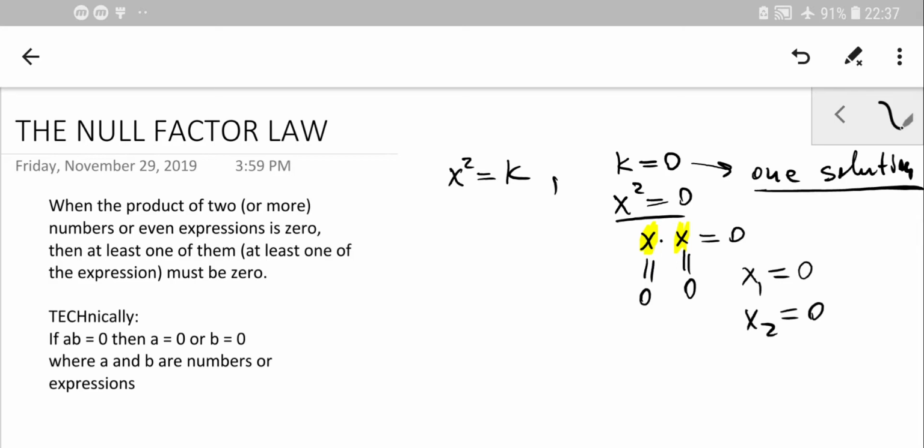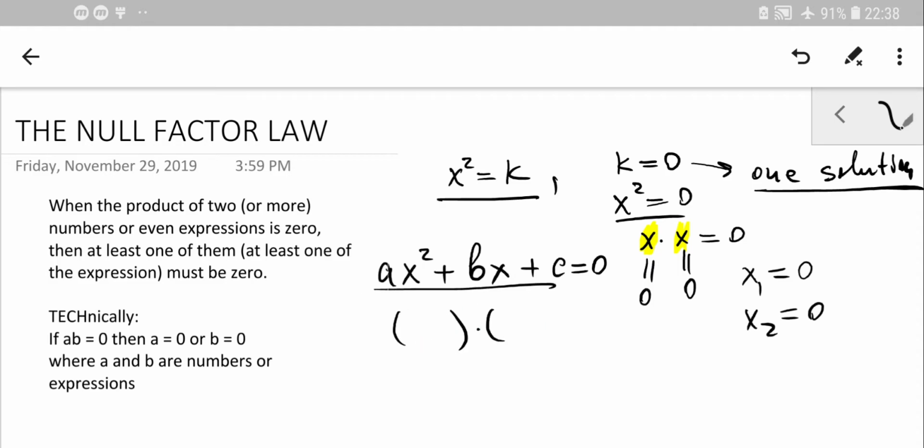So that's why, when we have quadratic equations which are not in this form, let's say in general form, x squared plus bx plus c, we need an alternative approach, and this alternative approach comes from factorization. So our goal is to factorize this quadratic expression into two linear factors and equate to 0.